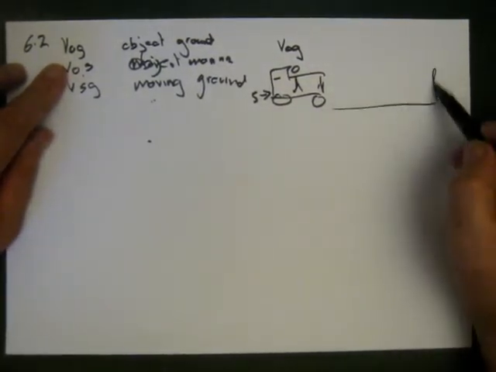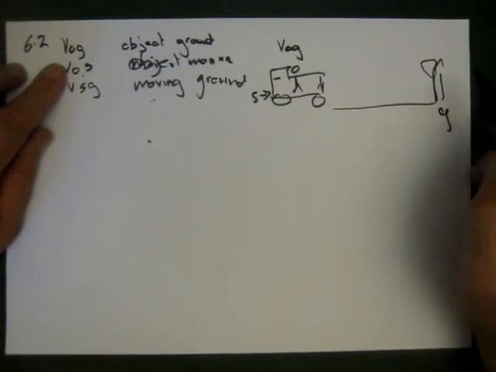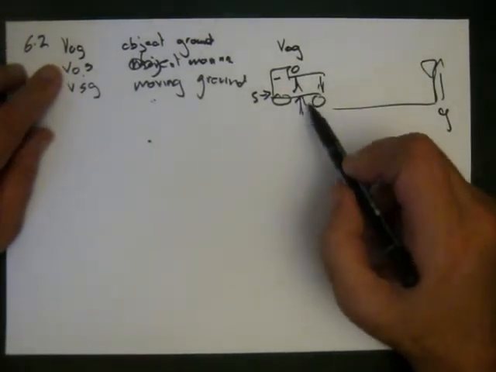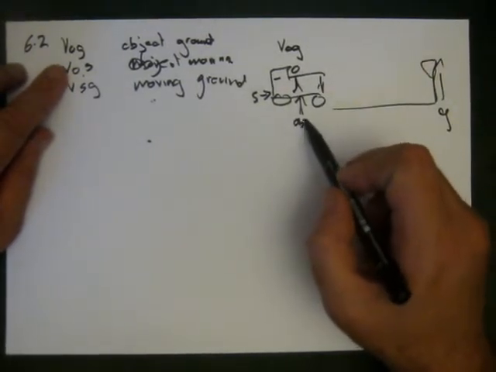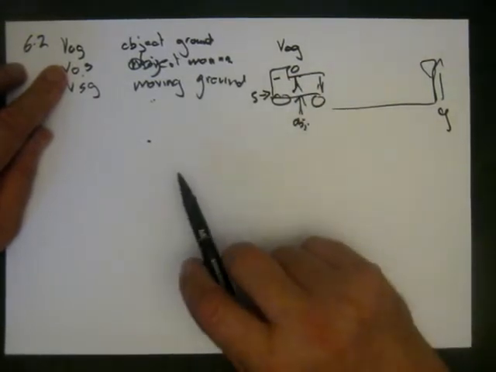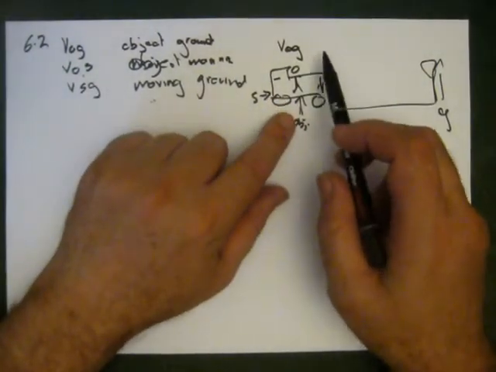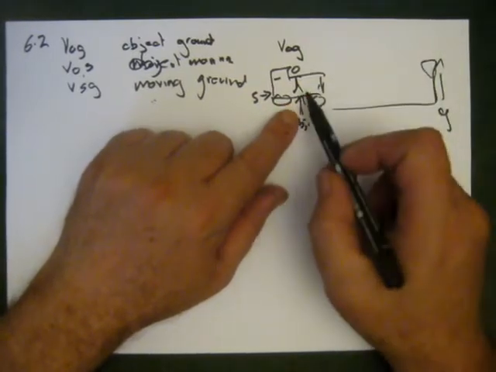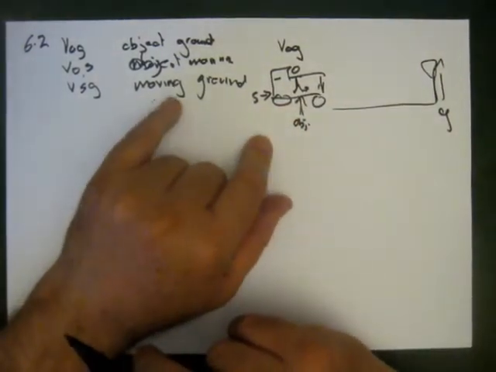The tree is going to represent the ground, and I'm going to be the object. I drop a ball, or I'm walking forward on a train or something like that.